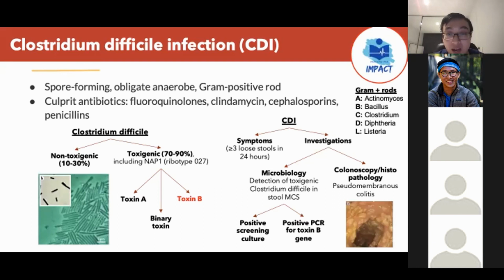The way that we do that is we run a PCR on the toxin B gene, and if the toxin B gene is present, then you can be sure that the Clostridium difficile that you've cultured is a toxigenic strain, and you diagnose Clostridium difficile infection. Does that clear that up?